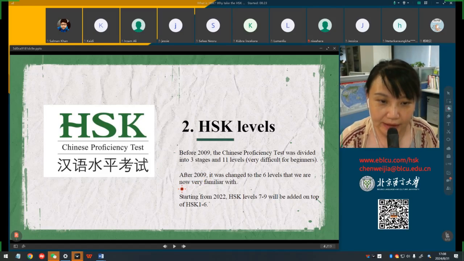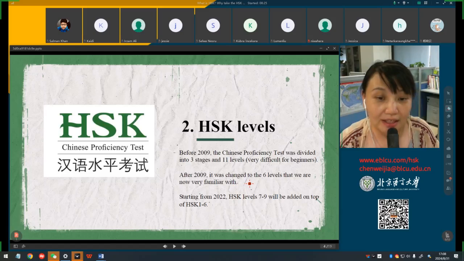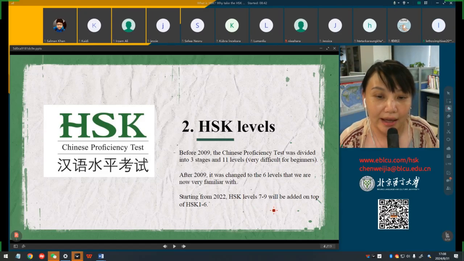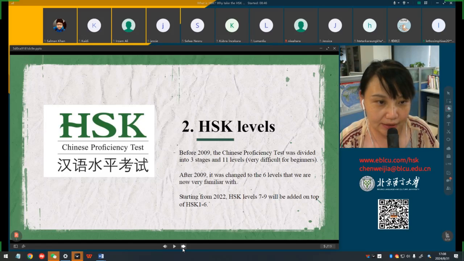So we updated it to the 6 levels that we are now very familiar with. We are currently still using those 6 levels. And starting from 2022, HSK levels 7 to 9 were added on top of HSK 1 to 6.